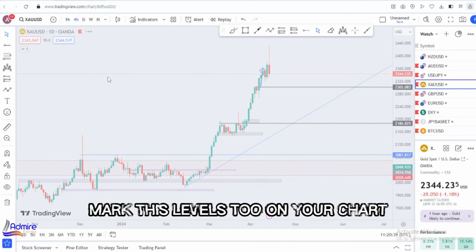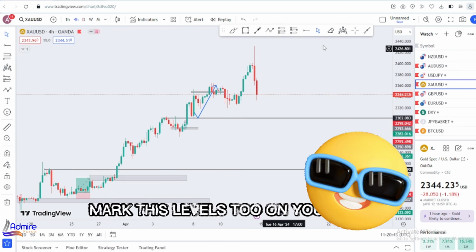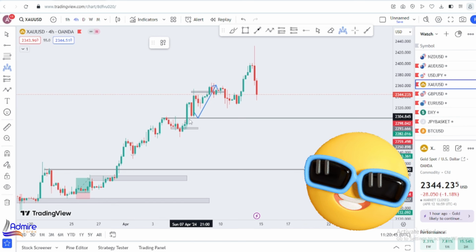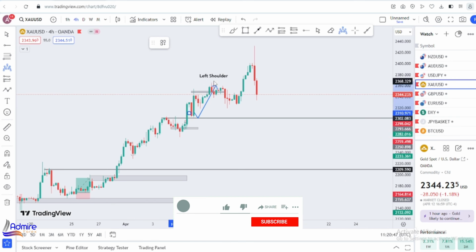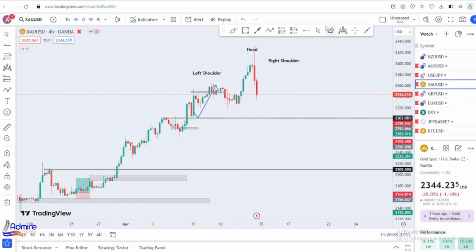For me, I'm a structural trader. I love chart patterns and I love price to print a higher time frame chart pattern, something like a head and shoulders: a left shoulder, a head, and then looking for price to give us a right shoulder like so. Hopefully we'll be looking for price to give us a right shoulder, then push continuations to the downside.